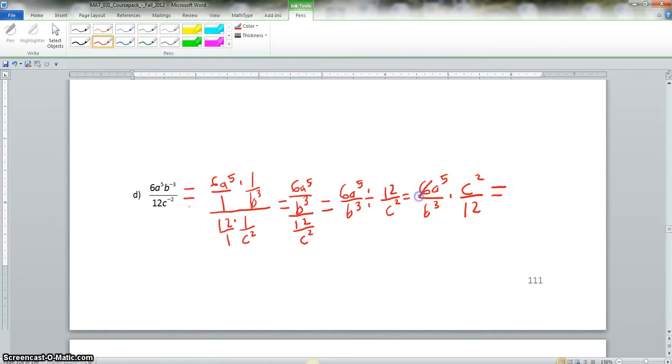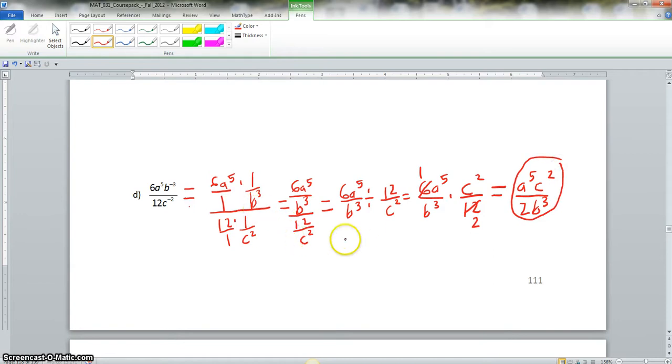We know 6 goes into 6 one time, 6 goes into 12 twice. So now we will have 1a to the 5th times c to the 2nd, which is a to the 5th c to the 2nd. That would take care of our numerator. Now our denominator, b to the 3rd times 2, is 2b to the 3rd power. Now this problem is finished.